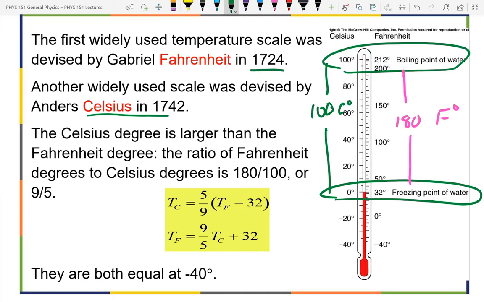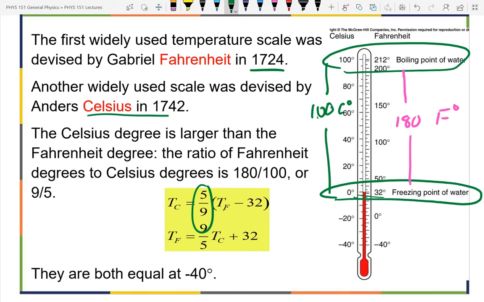If I want to go from Fahrenheit to Celsius, I'll take this offset of 32, so temperature Fahrenheit minus 32, and then use the ratio 100 divided by 180. 100 over 180.